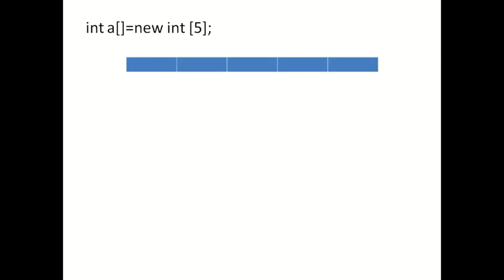From the programmer's point of view, we can access these blocks by the array name and their index numbers or subscript values. If I want to access the first element, I can use A of 0. For the second element, A of 1, then A of 2, A of 3, and A of 4.